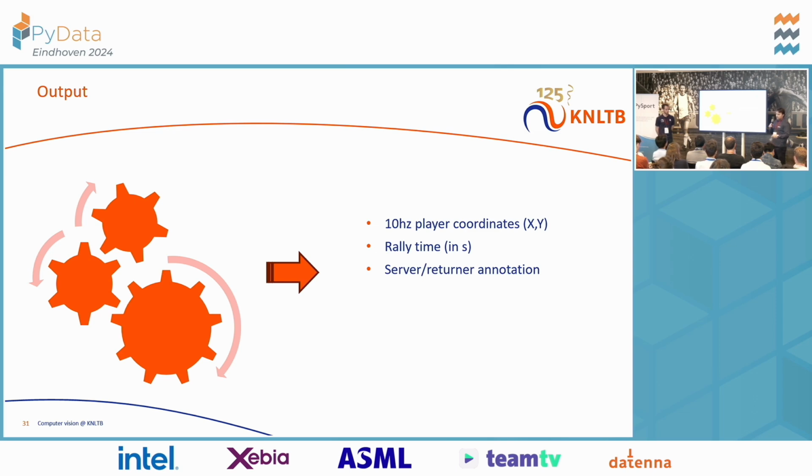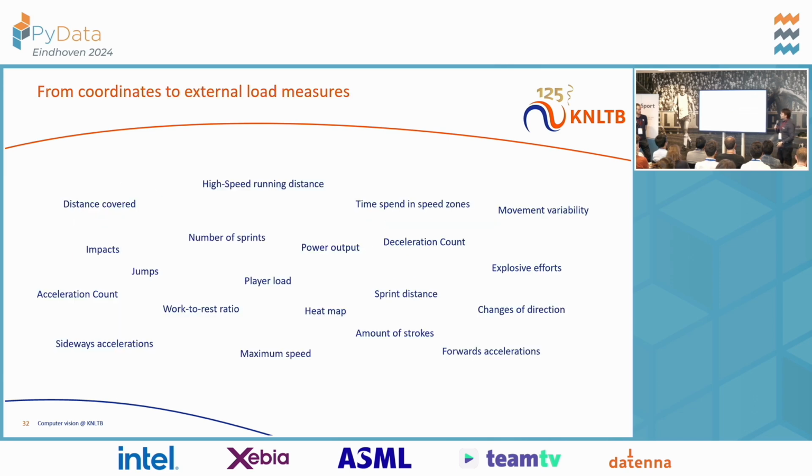But for us, what is really important, and what we take to the next steps, are all those X and Y coordinates, because we can use them for the load measures we introduced before. Obviously the next step was how we can trim down all the possible load measures that are out there.